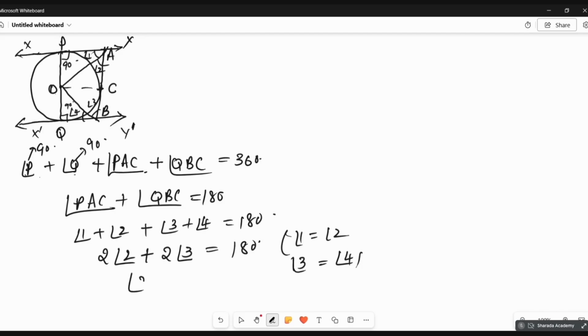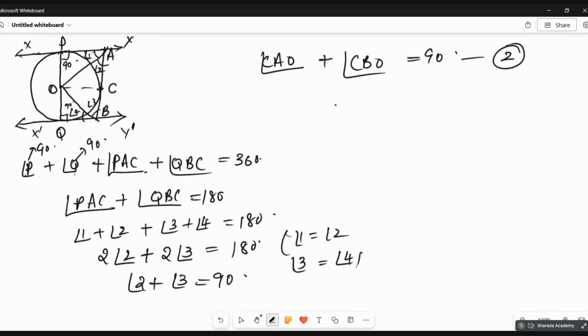So angle 2 plus angle 3 is 90 degrees. That is, CAO angle plus CBO angle is equal to 90 degrees. This I'll call equation 2. So from 1 and 2, we will get AOB angle is equal to 90.